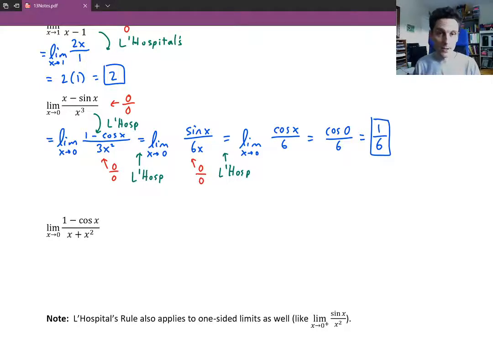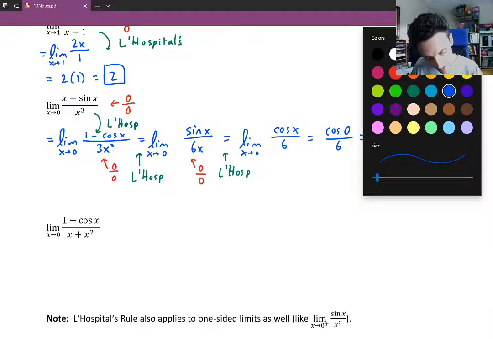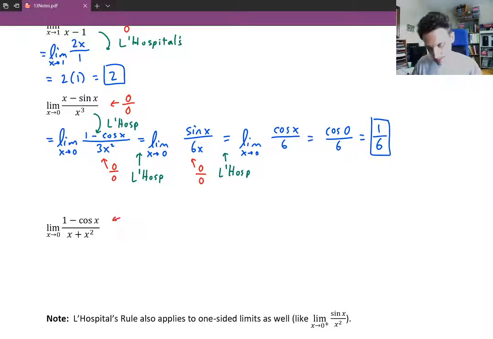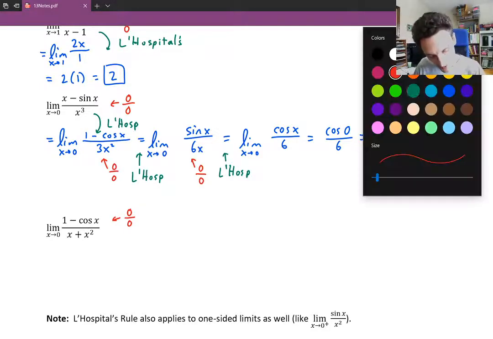Let's do one more L'Hopital example for this video. Here, if we plug in x equals 0 into the top, we have 1 minus cosine 0, which is 1 minus 1, which is 0. X equals 0 into the bottom, we get 0. So we know we can use L'Hopital.